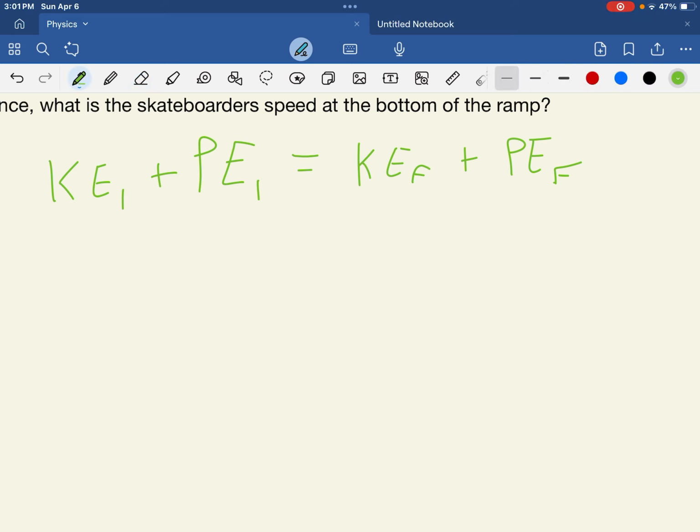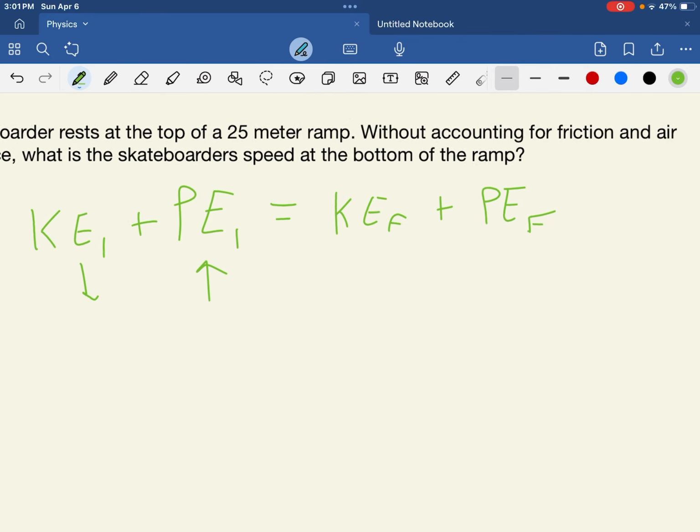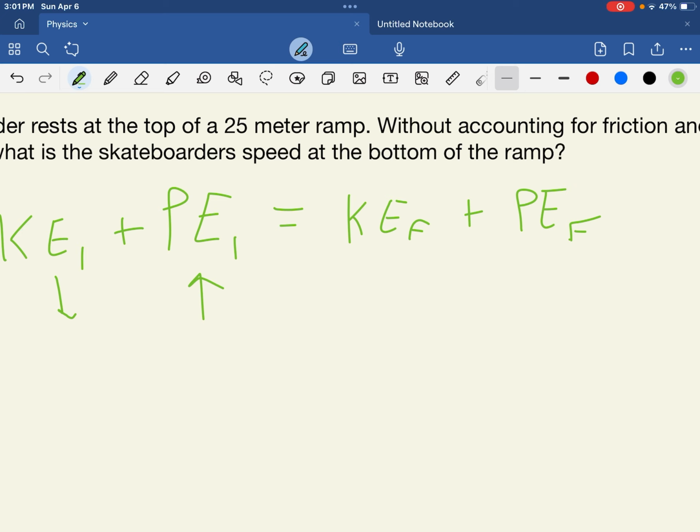The potential energy is high because we're on top of a ramp, and the kinetic energy at the top, we're at rest, so it's low. And then, as we go down the ramp, our kinetic energy goes up, and our potential energy goes down because we're basically trading that potential energy for kinetic energy. So that's what the energy conservation is.